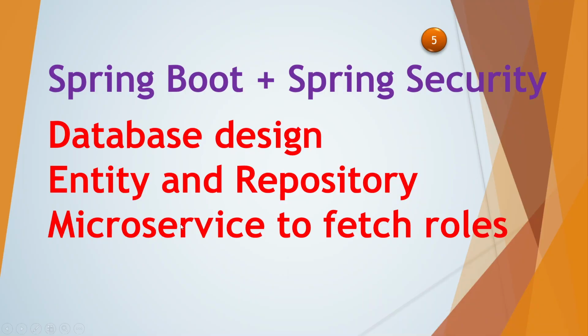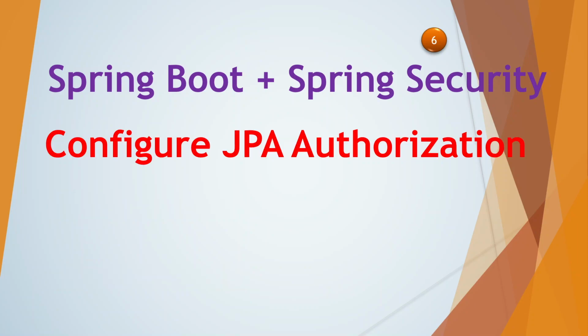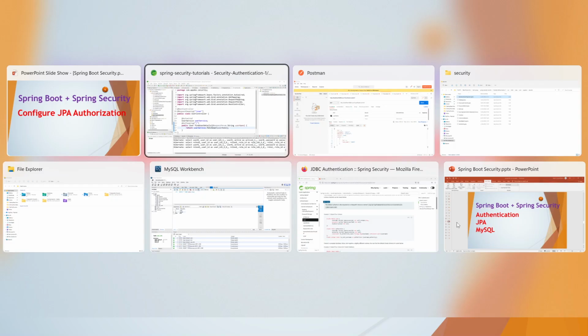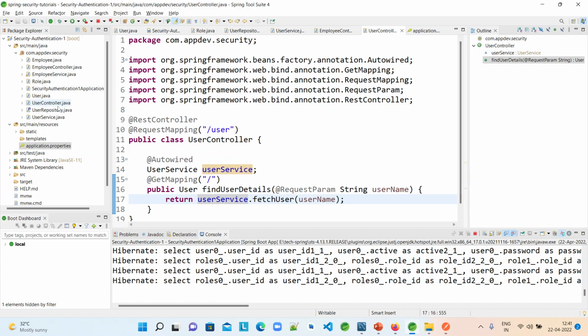So we have developed a microservice to get the roles as well. In the next video, we will take this repository and give this repository data to a service that is implemented from the UserDetailsService, because for the security framework we have to give the implementation class of the UserDetailsService.